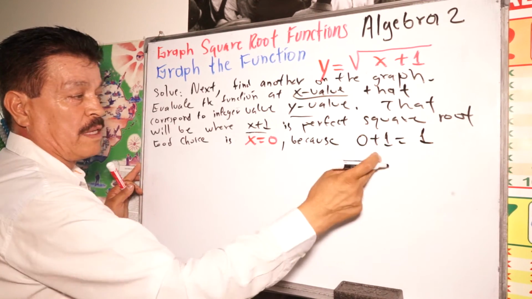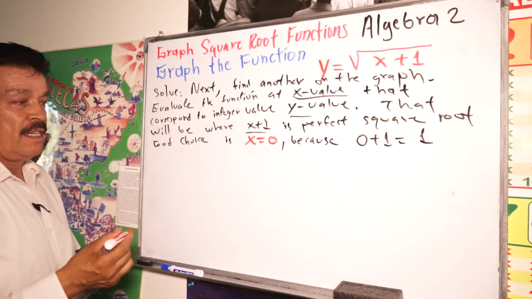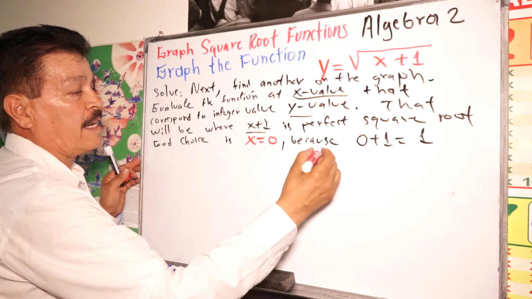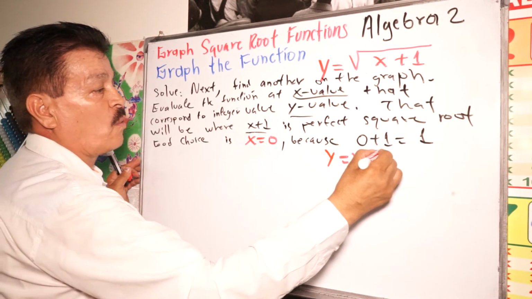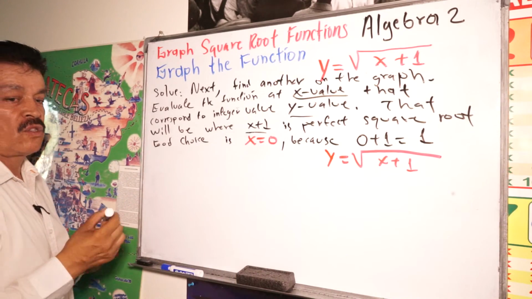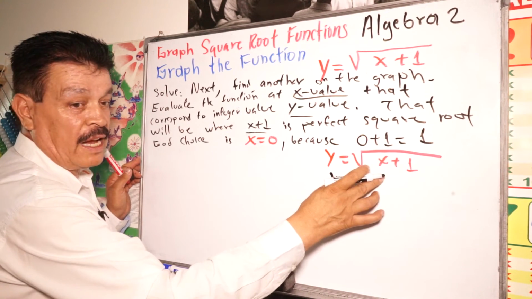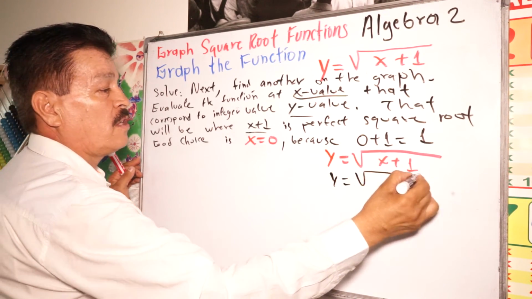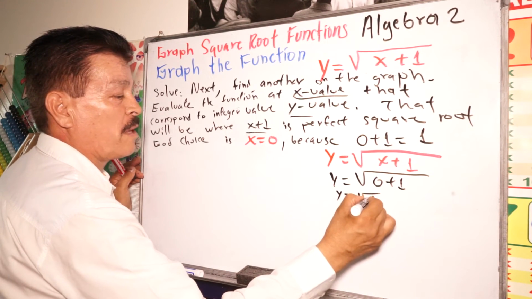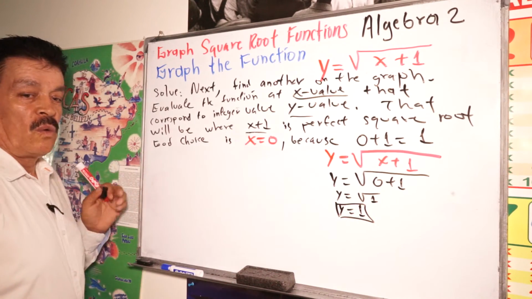So now here we will have y equals square root of x plus 1. Substitute 0: y equals square root of 0 plus 1, which is square root of 1, and then y is equal to 1.